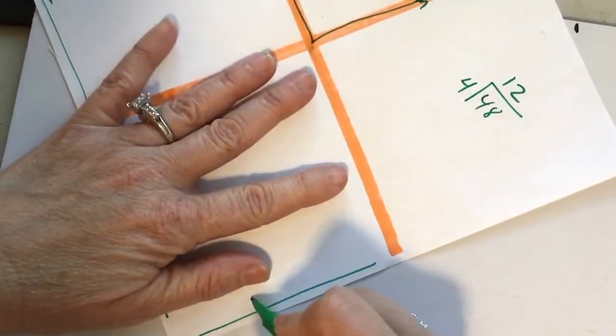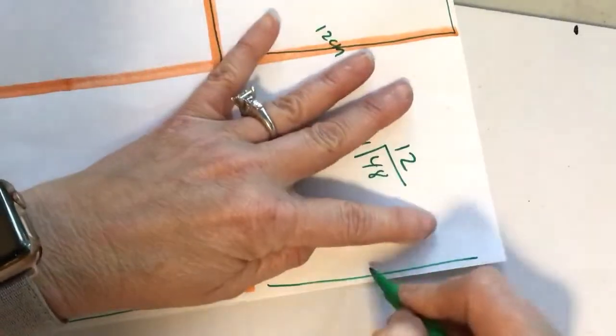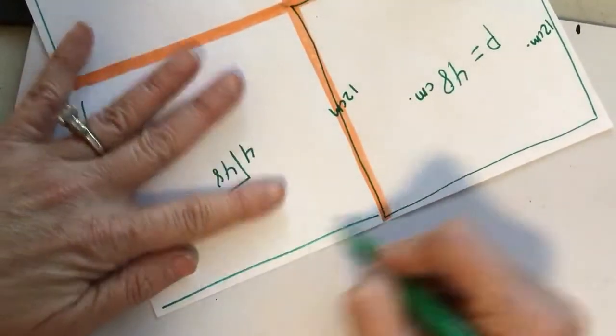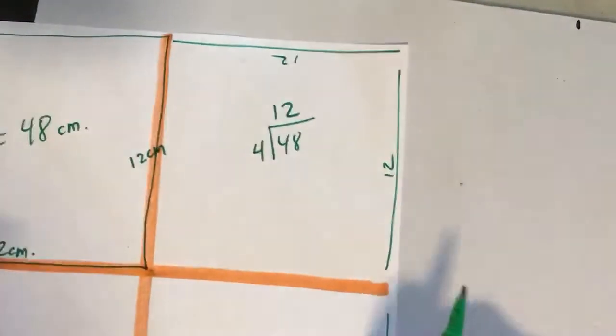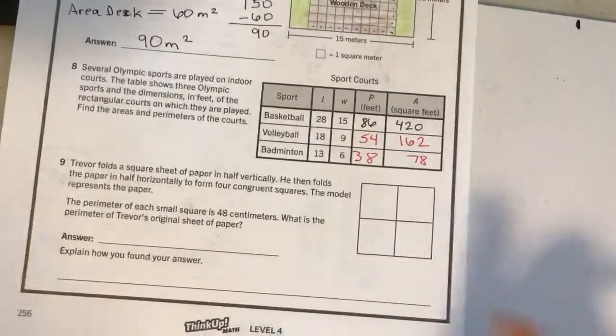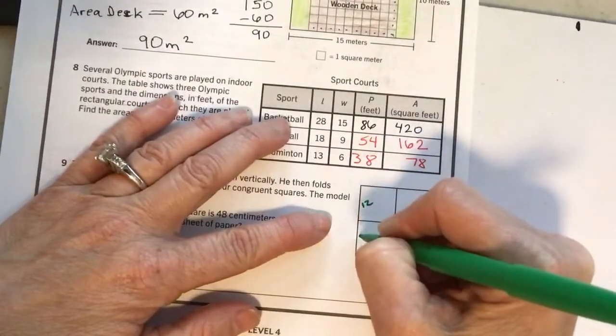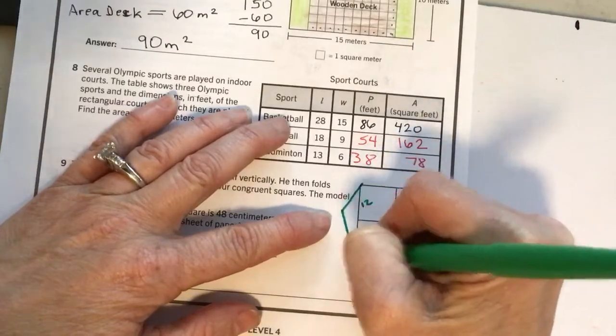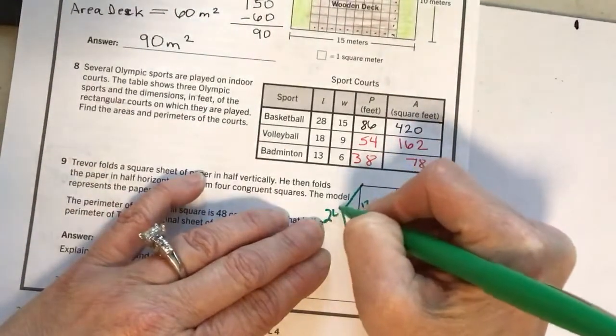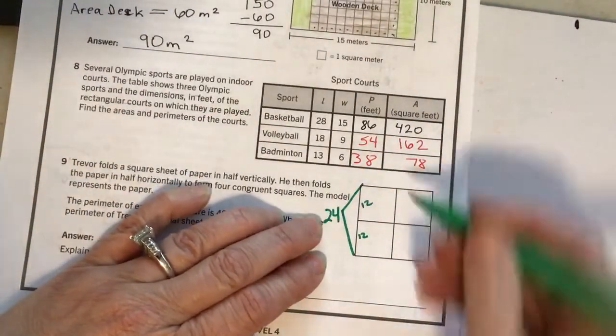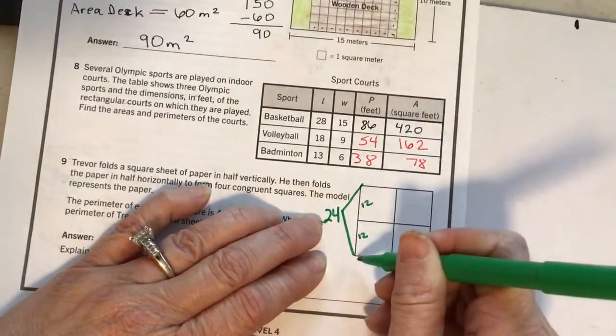So they're all 12, but remember there's 2 parts to it. So if we're looking at it this way, if this one is 12 and this one is 12, then what is the whole thing together? 24. So that means the length is 24 and it's a square.